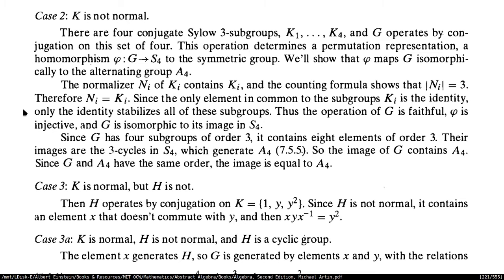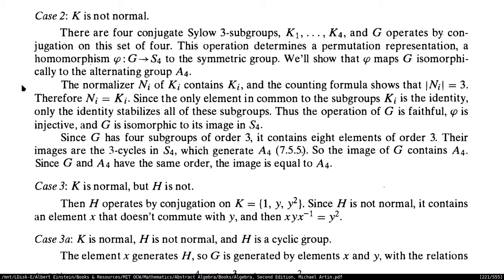Since Ki is in its normalizer, and K has 3 elements, its normalizer is just K. So if you conjugate by anything else, it's going to move it to a different one of the K's. So g inverse K g is equal to K if and only if g is in K. Is that what faithful means?